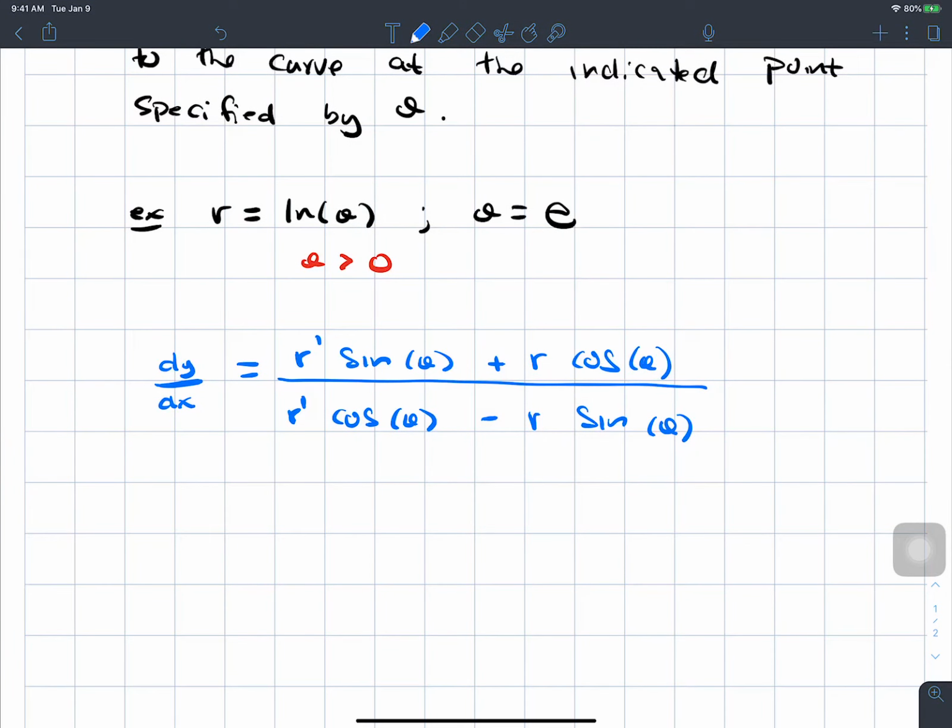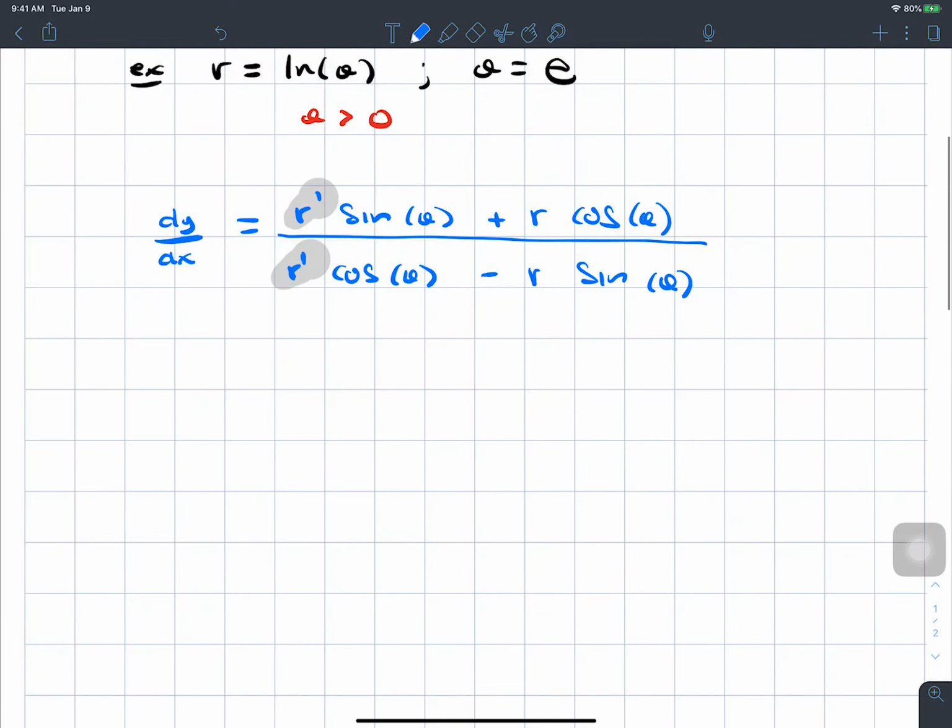And now, as you guys can see, what we need is an r prime. We already have r, but we need r prime. Now, r prime is, by definition, dr/d theta, and r here is the natural log of theta, which is 1 over theta.